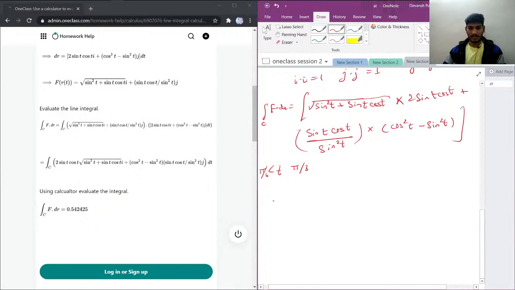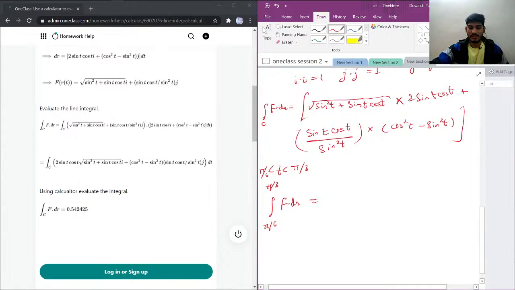So the integral is going to be from pi over 6 to pi over 3. We go for f dot dr, and let me just use my calculator and find this value. If I use basic integration, this will become sine of 2t, this will become sine of 2t.